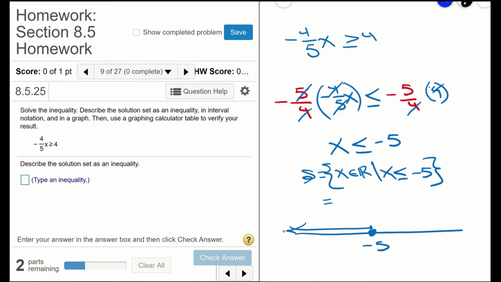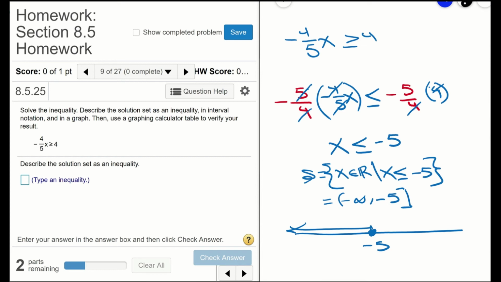We indicate that using parentheses negative infinity, but it does have an end at negative 5. And negative 5 is included, right? Less than or equal to negative 5 indicates that the solution is any number that's less than negative 5 or equal to negative 5. So negative 5 is included, so we put a bracket.